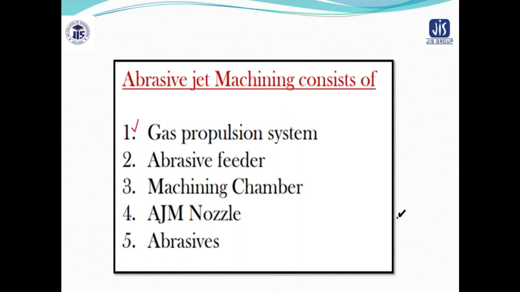The propellant consumption is of the order of 0.008 meter cube per minute at a nozzle pressure of 5 bar. The abrasive flow rate should vary from 2 to 4 gram per minute for fine machining.